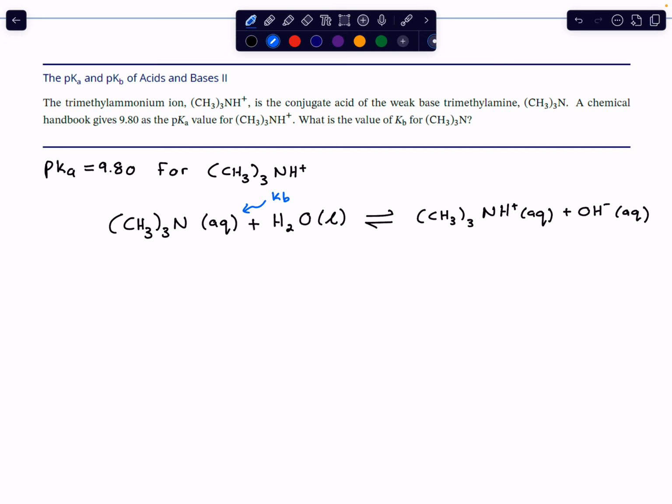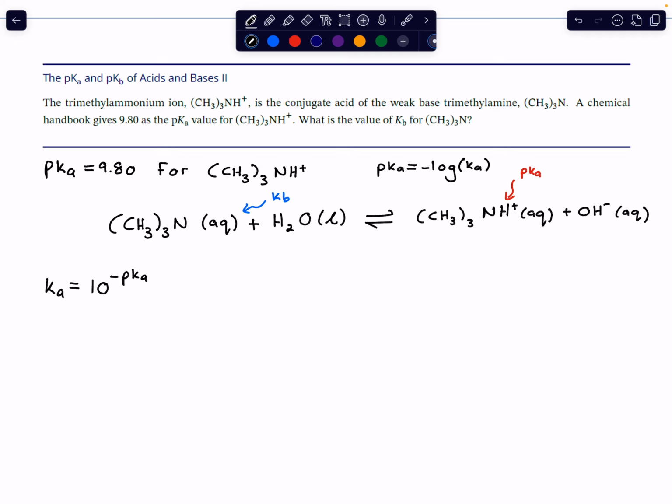What we're given is the pKa, like I wrote down, for this conjugate acid. So what can we do? From the pKa of the acid, we can calculate the Ka for the conjugate acid, because we know the relationship: pKa is equal to minus the log of Ka.